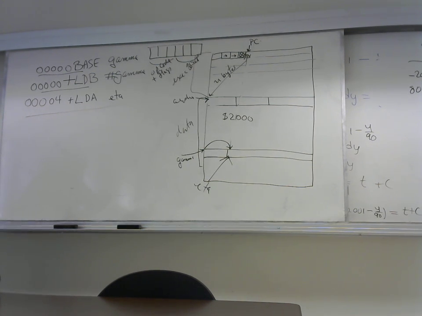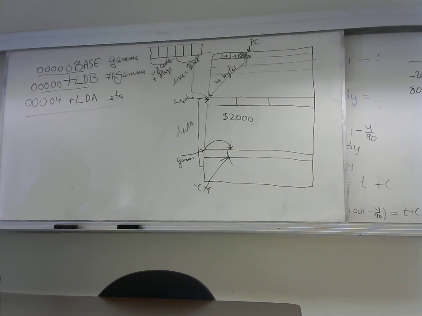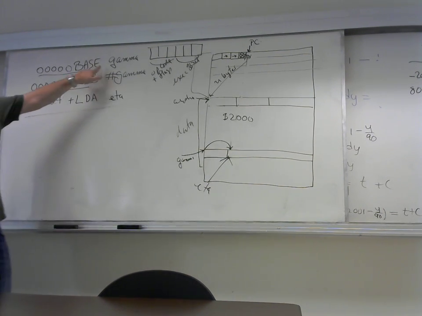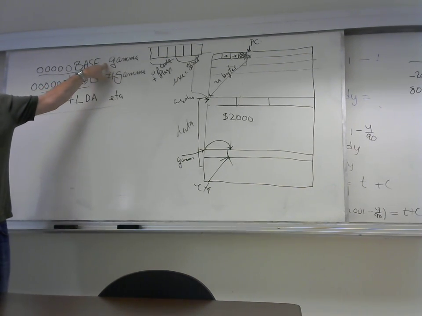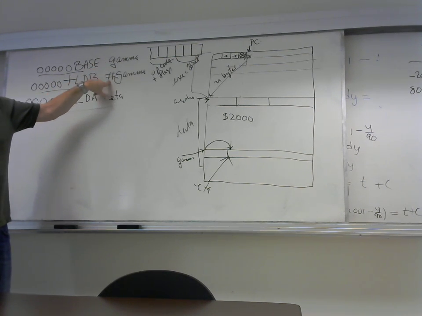Somebody knows, why does one have a pound sign and not the other? Anybody? Yes. Because it's the address of the label? Well, isn't this the address too? Aren't you putting the address of gamma in the address register?